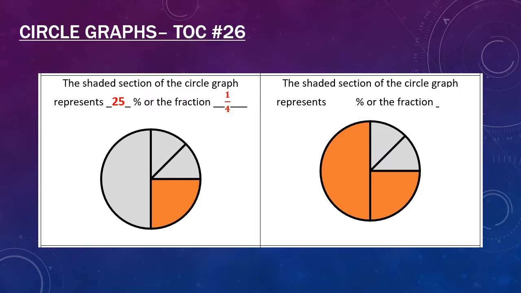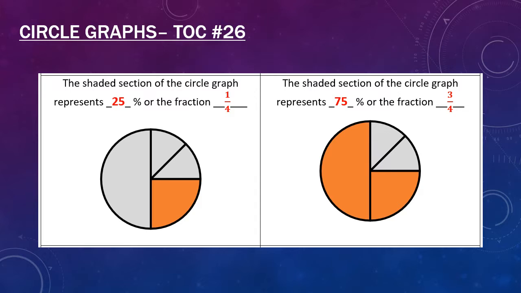If you look at the fourth section, what they've done is they've taken the half and the fourth and combined them. So you have 50% and 25%, and you add them together, that gives you 75%. 75% as a fraction is like taking 1/2 and adding 1/4, and that gives you 3/4.